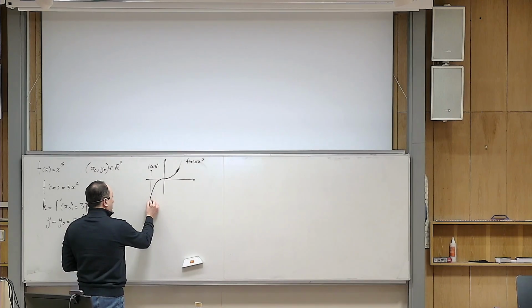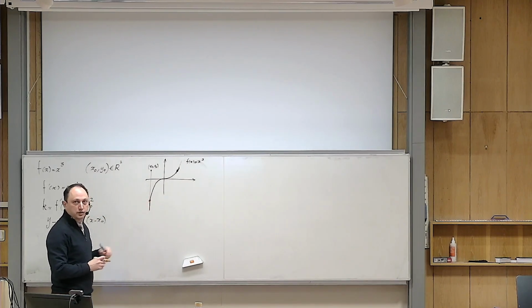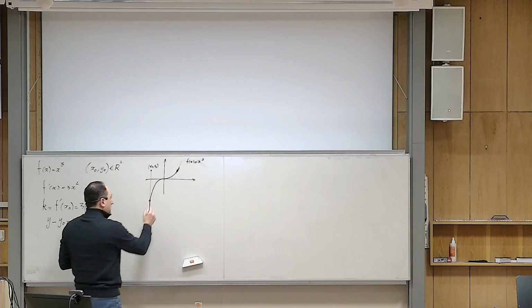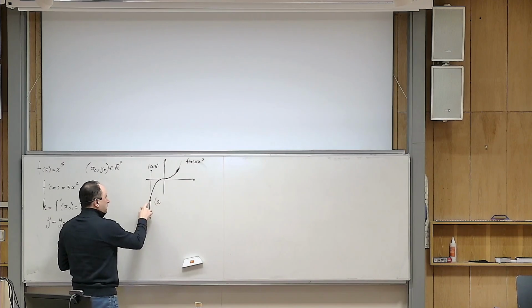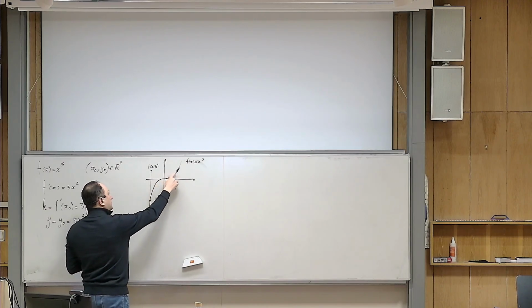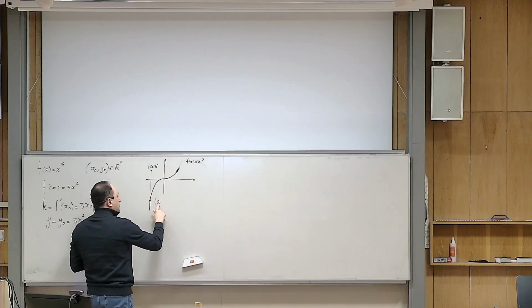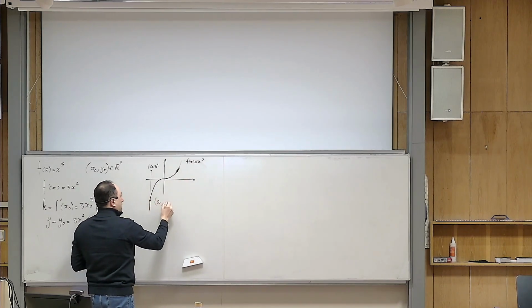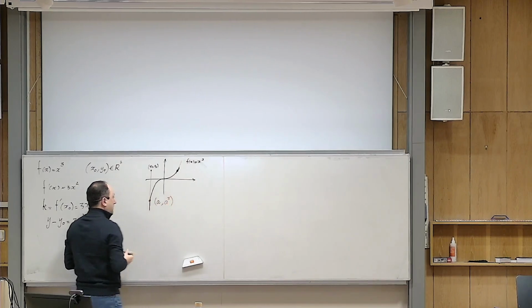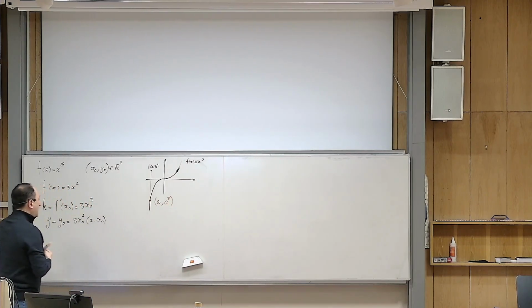I can pretend that I know the point of tangency by saying, let us assume that the x coordinate of the point of tangency is a. Because this point is supposed to lie on the curve, if the x coordinate is a, the y coordinate can be calculated using the function. So this becomes a cubed. And now I will act as before.